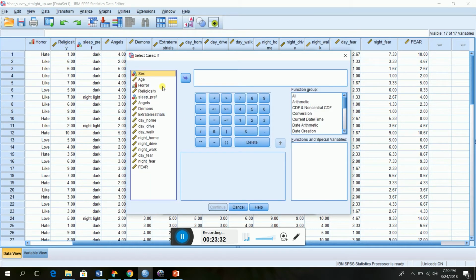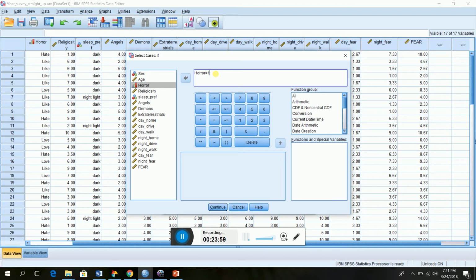And we go to this radio button, click here, and then click on the big if. And we say if horror, and then put an equal sign. Horror equals 1.